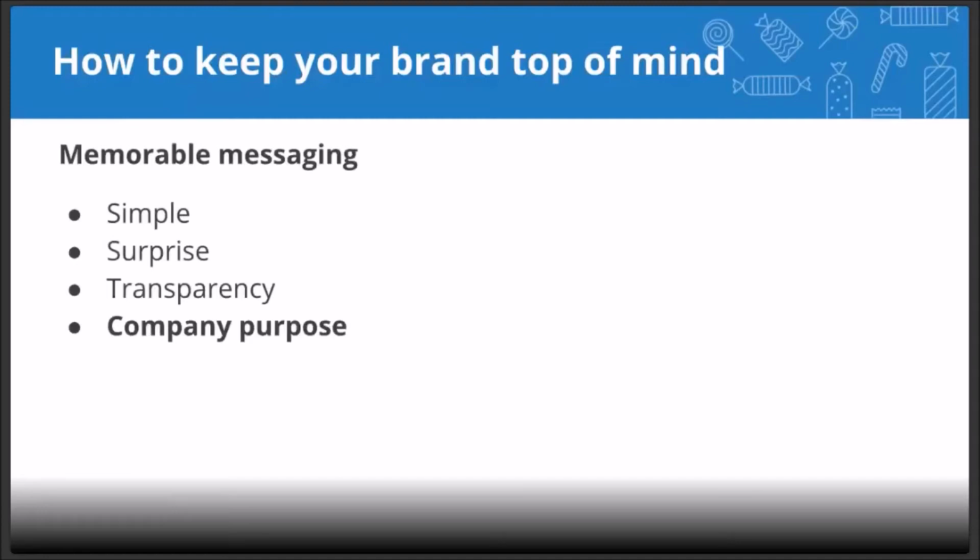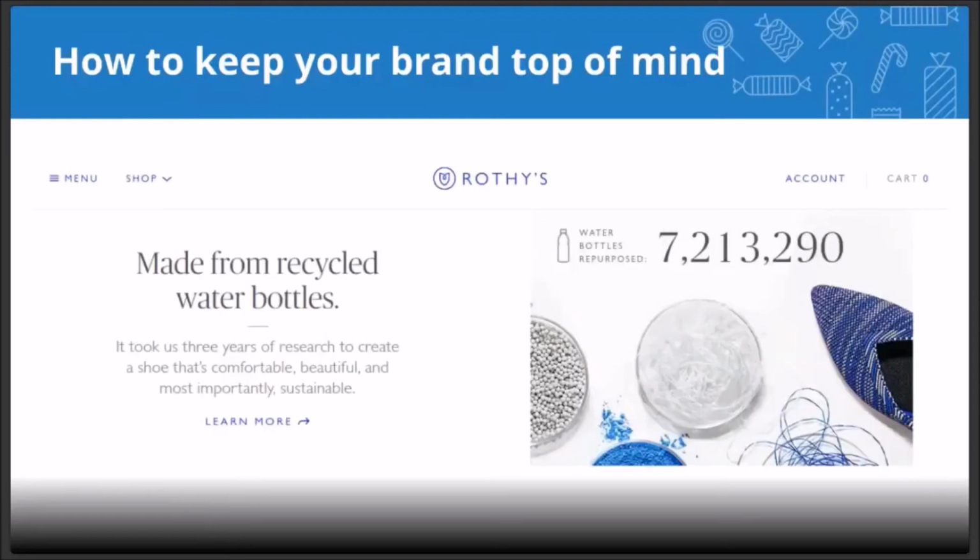And also, on the same line as transparency is company purpose. So if you have a reason why you're running your store, make sure that your customers understand that perfectly. Rothy's is a shoe company. There are millions of shoe companies in the world, but the main reason they're in business is because they make these shoes from recycled water bottles.